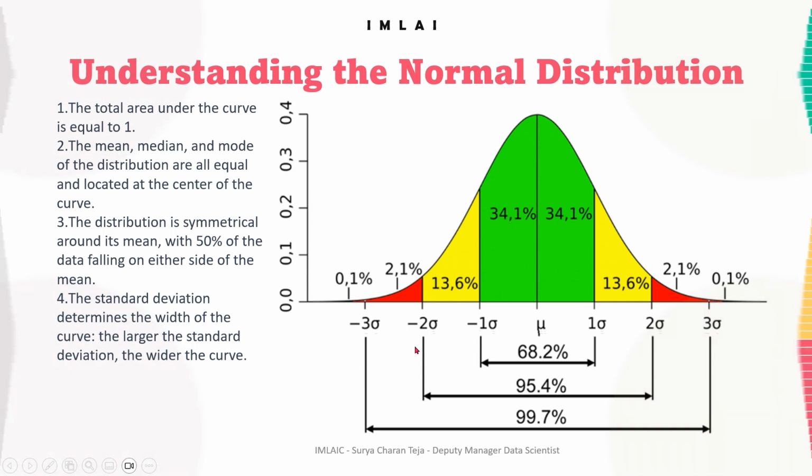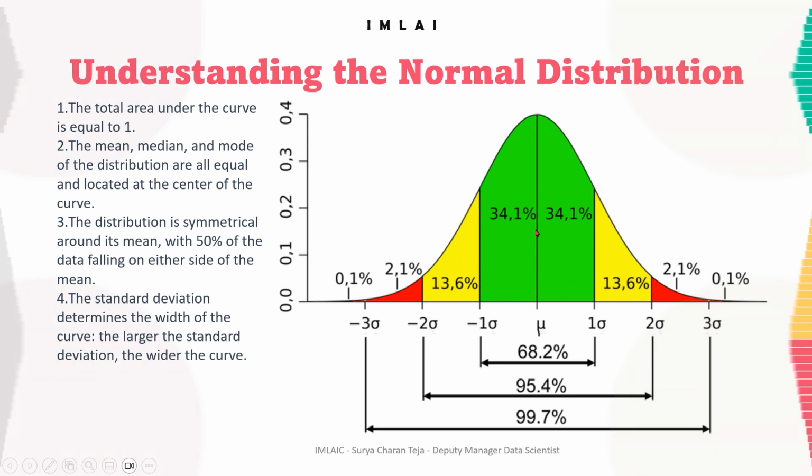Now approximately 68 percent of the data will fall between 50 plus 10 and 50 minus 10. So in between 40 to 60.